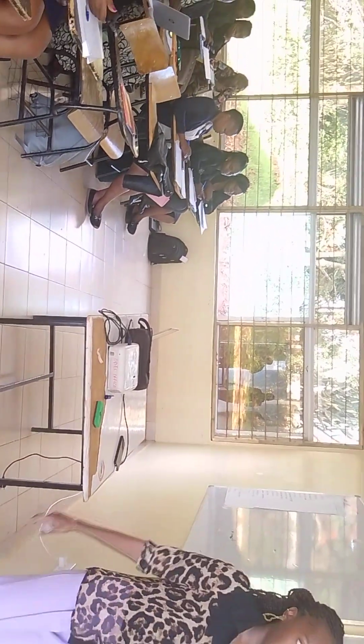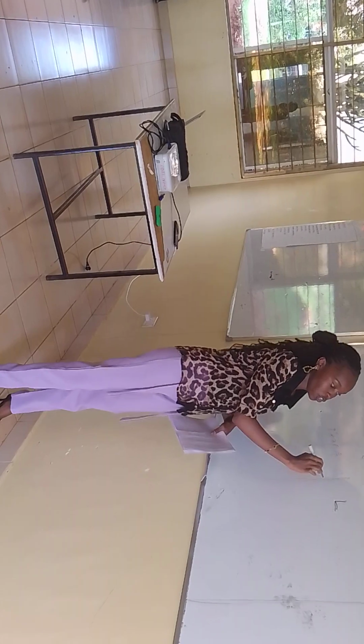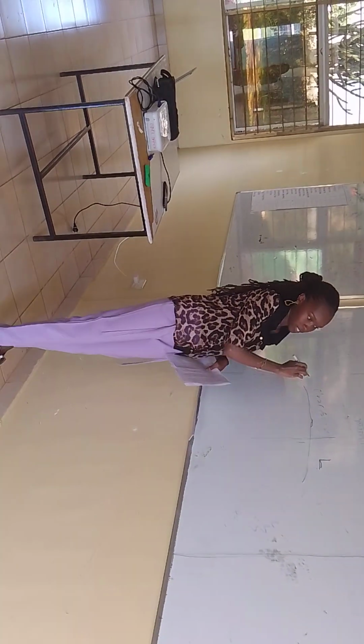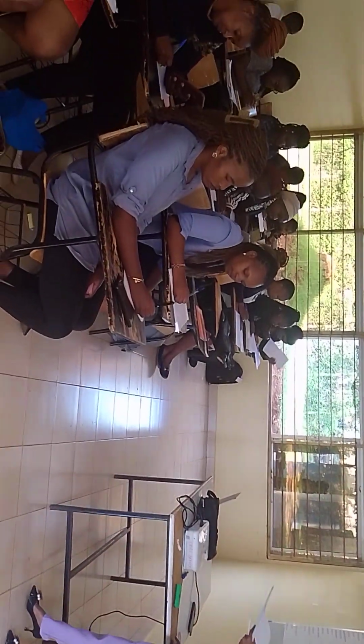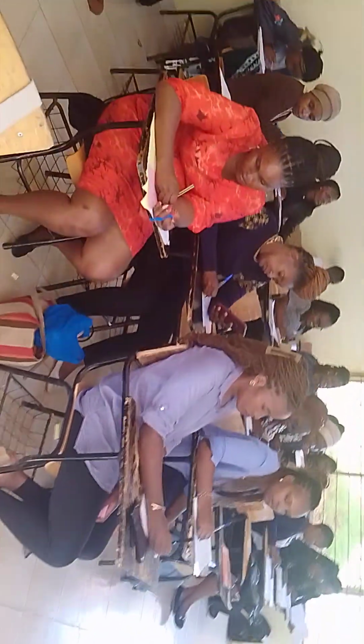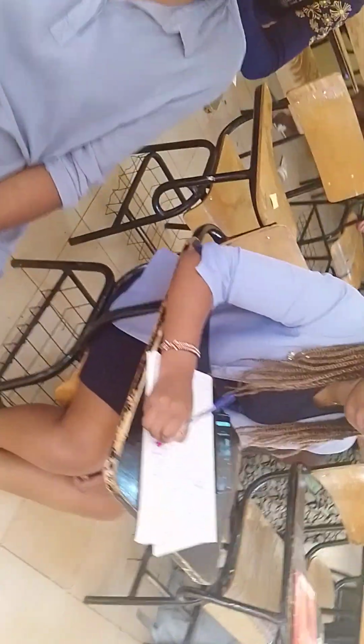What we know about cakes, what we want to know, and what you've learned. So now I want you to write in the column of what you've learned. You tell me what you've learned about cakes and cake decoration. What have you learned on cakes and cake decorations?